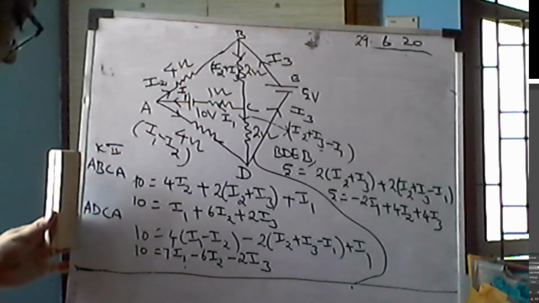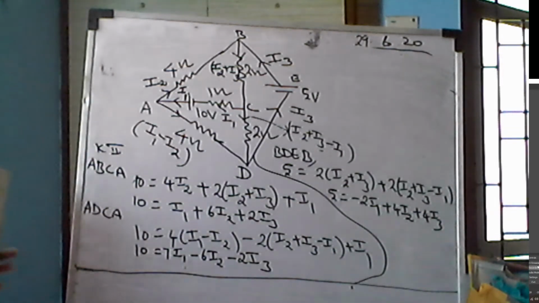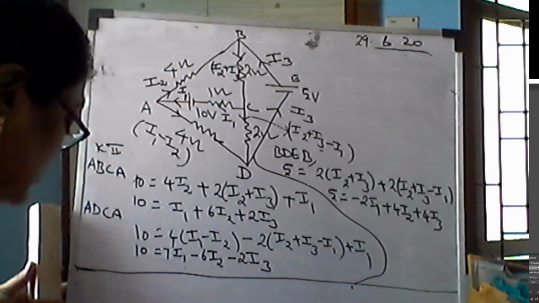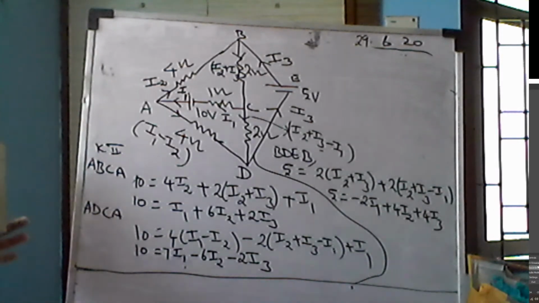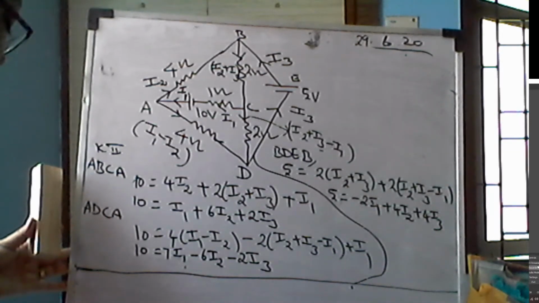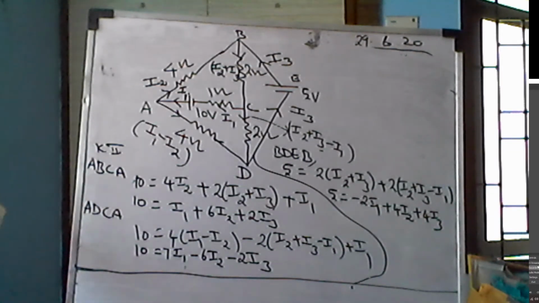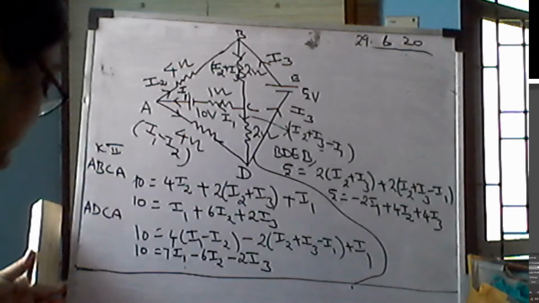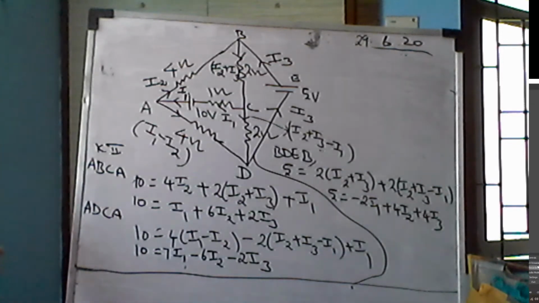IAD is nothing but I1 minus I2. I will write it here so that we can see. IAB is I2. And then IDEB, that is I3.